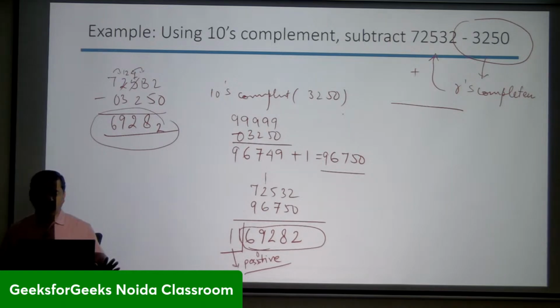Okay. You have another question. How -5 is represented in memory? Let's say in memory it is represented by 8-bit.